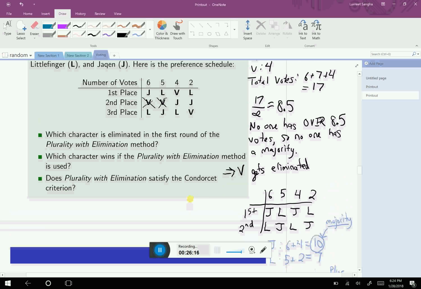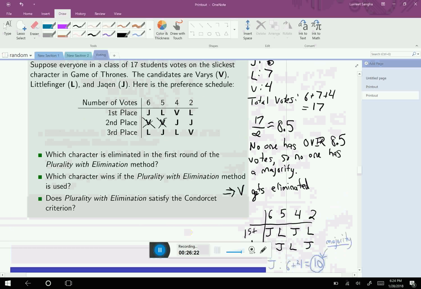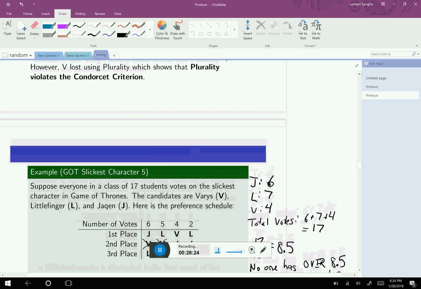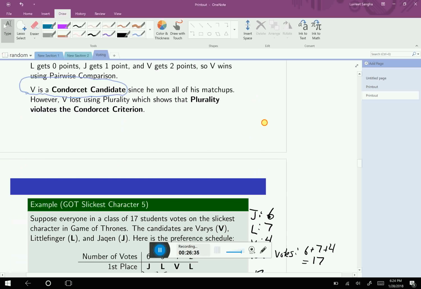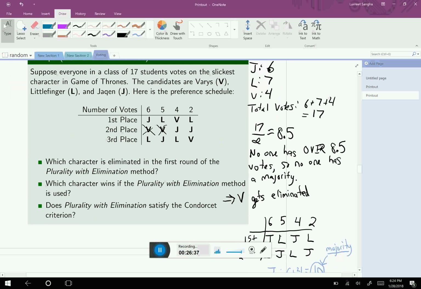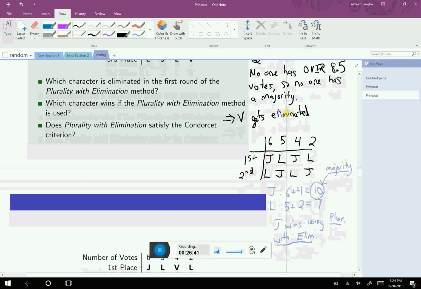Okay. So the third question here was, does plurality with elimination satisfy the Condorcet criterion? If we go back to our earlier example, V was the Condorcet candidate. That hasn't changed because the table hasn't changed. When we use plurality with elimination, J wins.